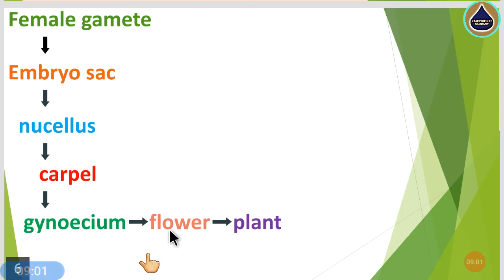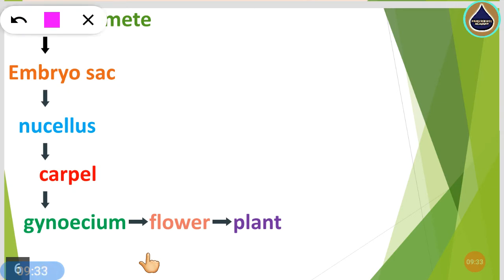The plant has a flower, and the flower has the female reproductive sexual part. It is called gynoecium, and the single unit of the gynoecium is called carpel, and the carpel is found in the nucellus, and in the nucellus there is the embryo sac, and in the embryo sac there is an 8 cell structure, out of which one cell is called the female gamete, that is called egg.